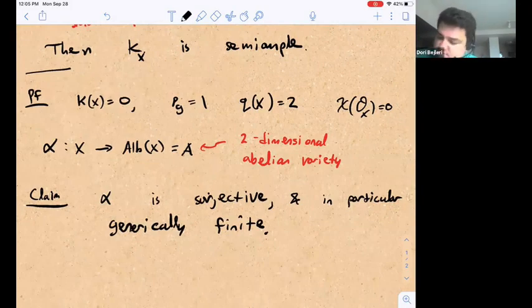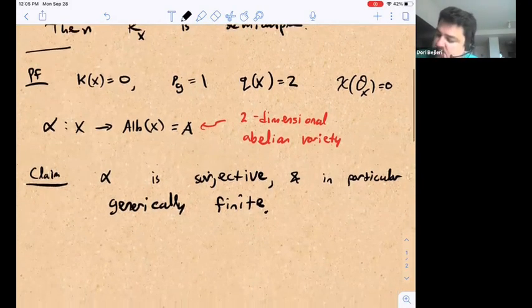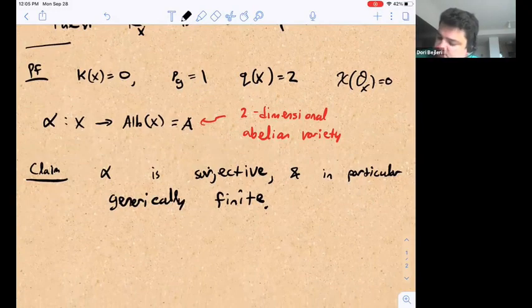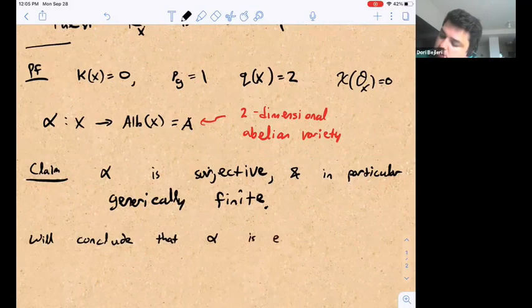And now we want to conclude from this that alpha is actually étale. That's our goal. So it's actually some finite unramified cover.